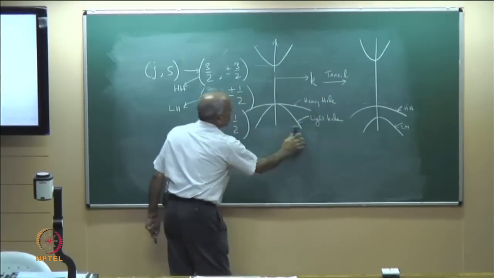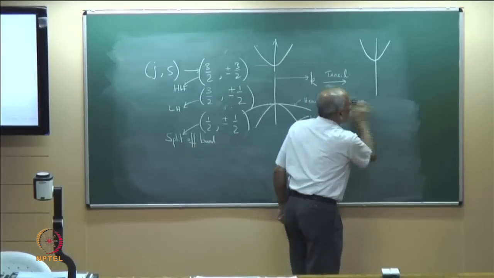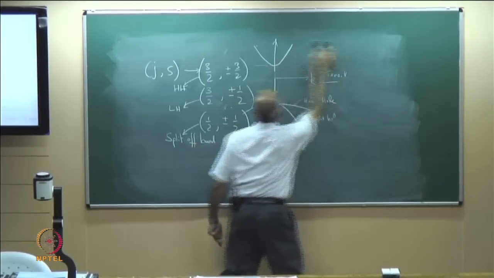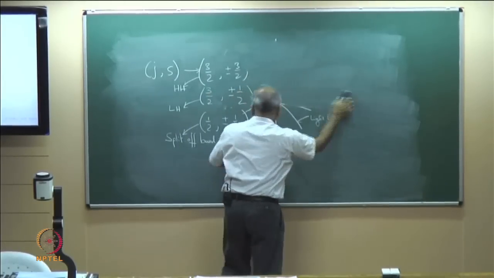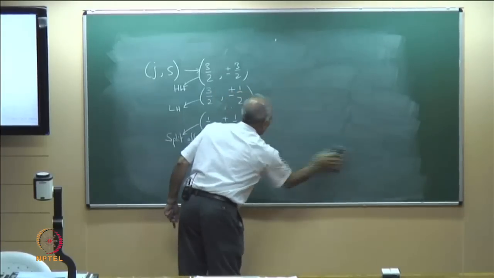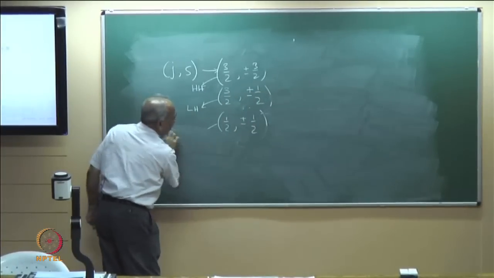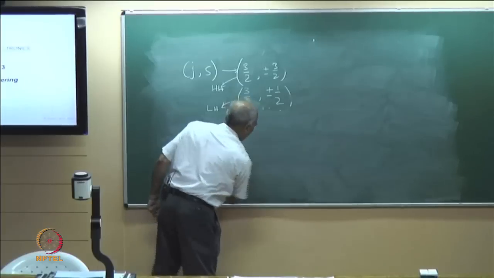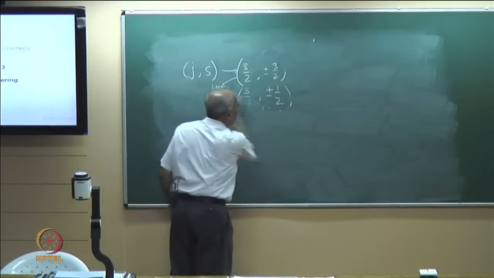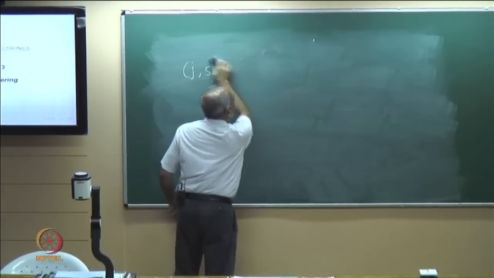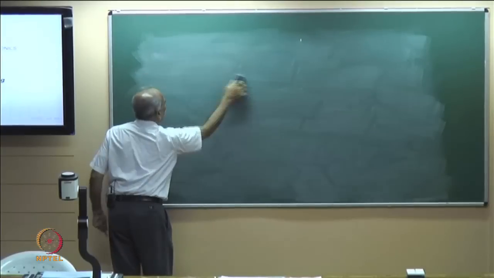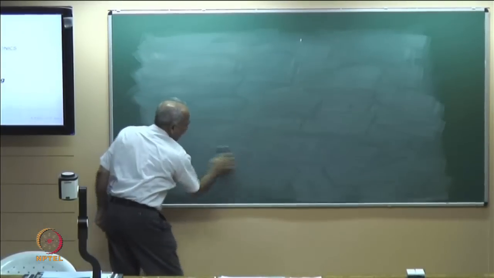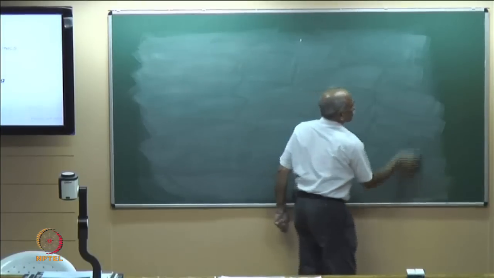Please refer to certain books if you wish to know more about this, but our objective has been to see the band gap variation due to strain, due to tailoring of quantum well structures, and due to composition.